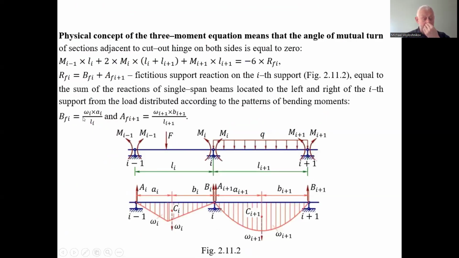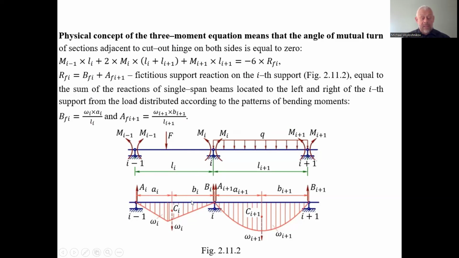The fictitious load is proportional to the product of the area of the bending moment diagram for the span number i, and a_i, the extent of the center of area of the bending moment diagram from the left support in span number i, divided by L_i, the total span length of span number i.